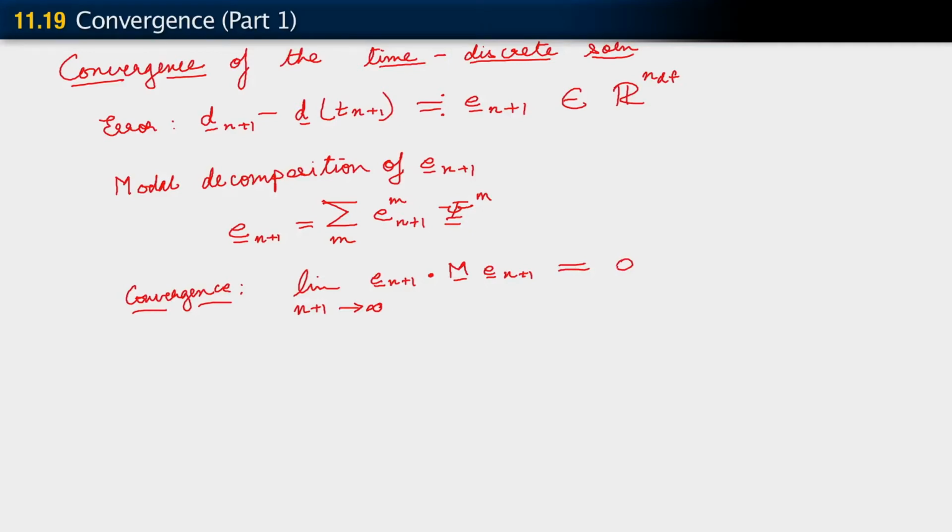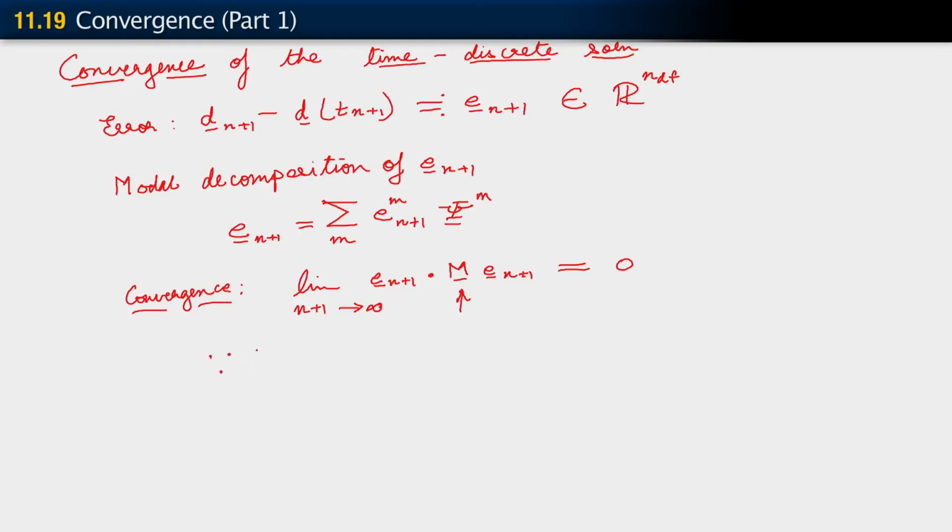Can you think why it is okay to put M inside there? Normally one would say that, well, the error has to vanish. But why is it okay to put M in there? It's because M is positive definite. So let me just state this here.